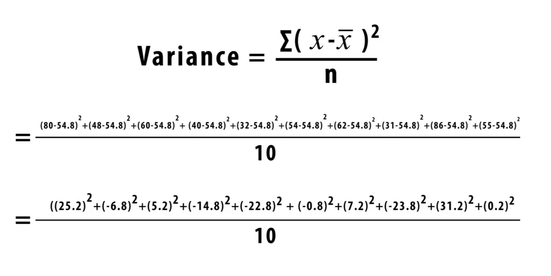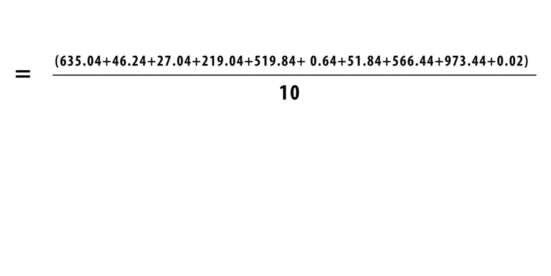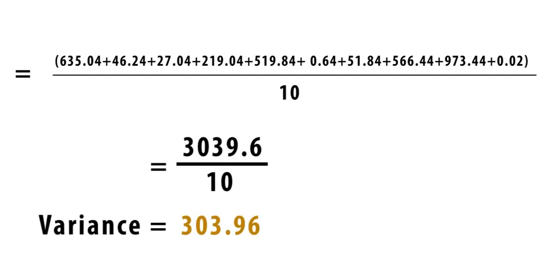So for the first one, which is 80 minus 54.8 squared, we'll have 635.04, plus the next one, which is 46.24, plus 27.04. We'll continue for each, all over 10. The summation gives 3039.6 all over 10, which gives us 303.96.